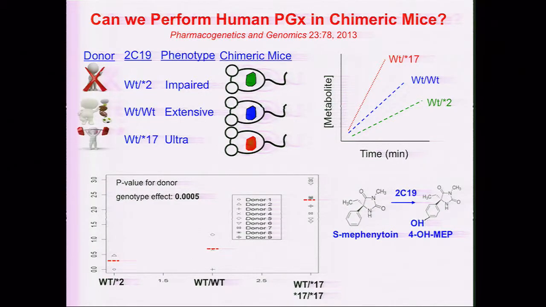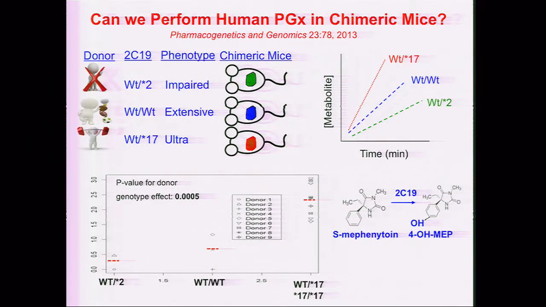And in work done by Ming Zhang, who's the biostatistician, where we looked at the variability, with as few as less than 10 donors, you could perform human pharmacogenetic analysis. And remember, in these mice, you're controlling the diet, there's no confounding medications, et cetera. So the data is really, really clean. So it was a nice way to do human pharmacogenetics.